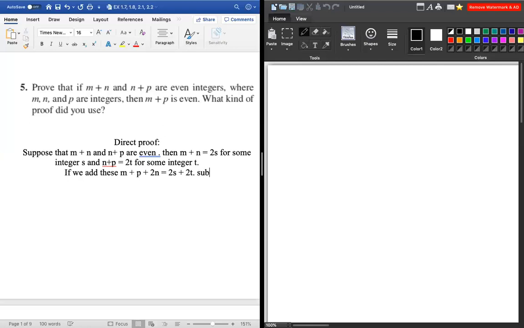Now subtracting 2n from both sides and factoring, we have m plus p equals 2s plus 2t minus 2n, because here we have m plus p plus 2n.